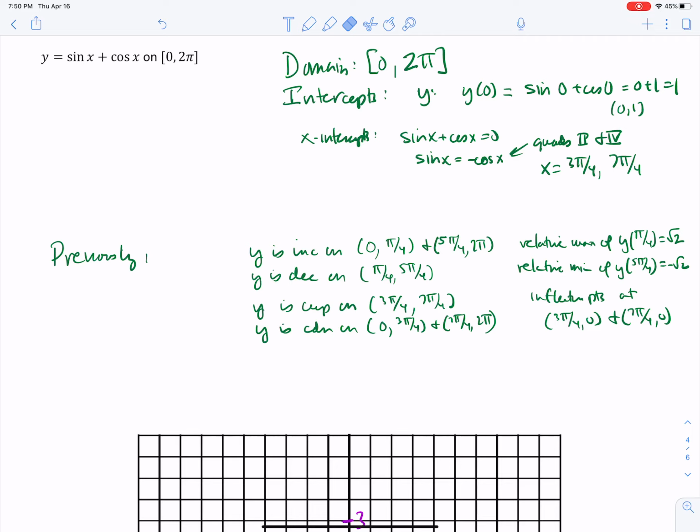I'll call them by the names that we are using in this text. Relative is a synonym for local. And then we have 2 inflection points, and those turn out to be at the intercepts.